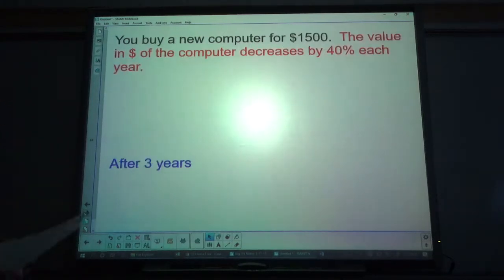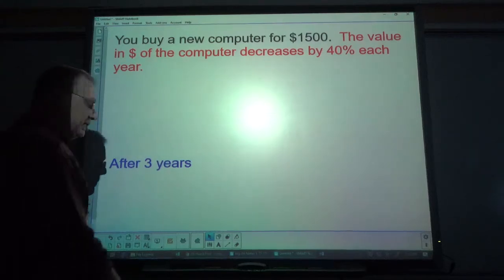All right, let's take a look at a computer. You buy a new computer for $1,500, maybe it's a gaming computer. The value in dollars of the computer decreases by 40% each year, and what would that be?